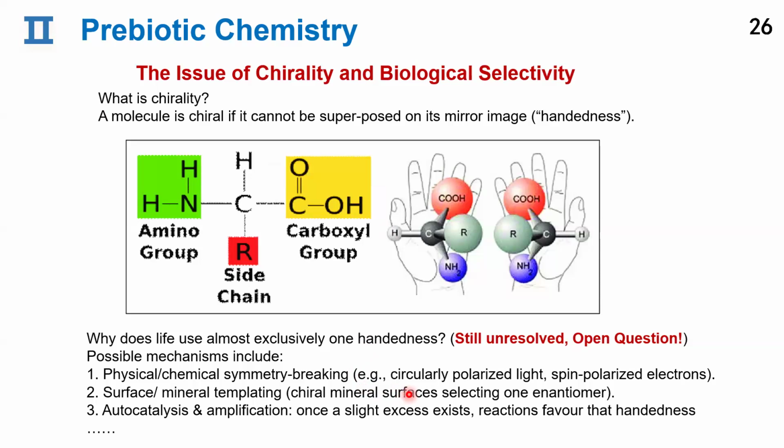It is still an unsolved and open question. Scientists have proposed some possible mechanisms, including physical chemical symmetry breaking and surface mineral templating, like autocatalytic amplification. Once a site exists, reactions favor that handedness.